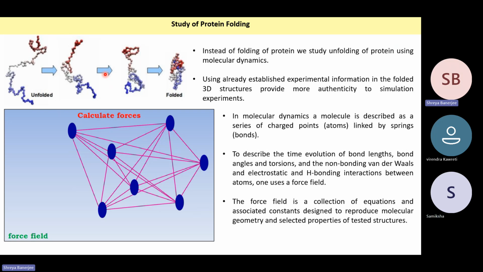That is the beauty of this, because in experiment, suppose the protein is not soluble in chloroform, but in simulation you can give a force field which mimics chloroform, and it will give you the structure of the protein in a chloroform environment, even though experimentally you cannot get that because your protein is not soluble in chloroform.